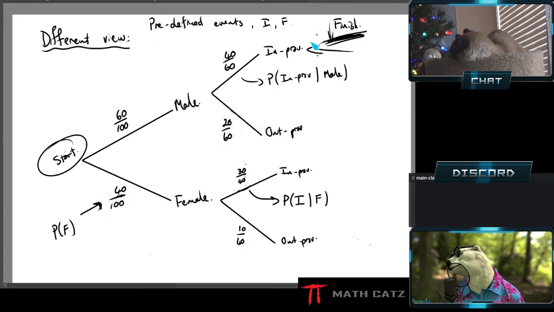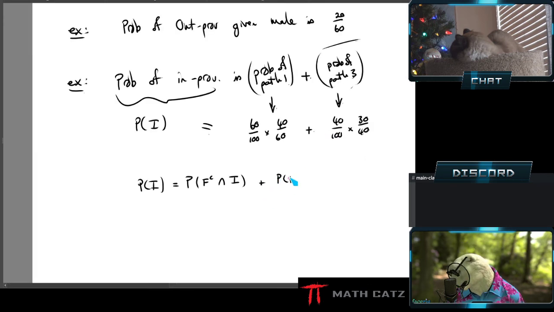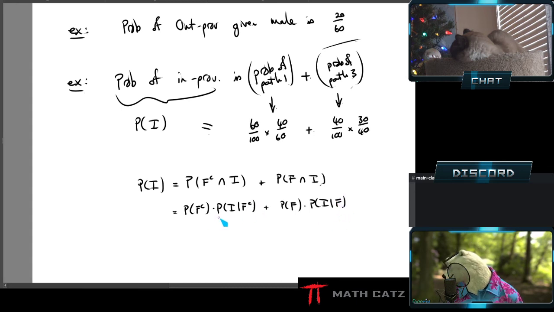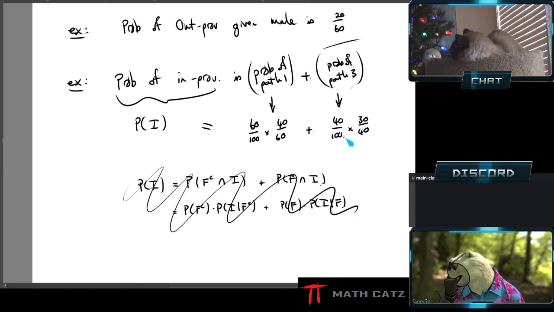Path 3 is female and in province. And then these guys will be split up: probability of male, so not female, times the probability of in province given not female; probability of female times probability of in province given female. But why do I need this? I don't need it. I just need the answer.